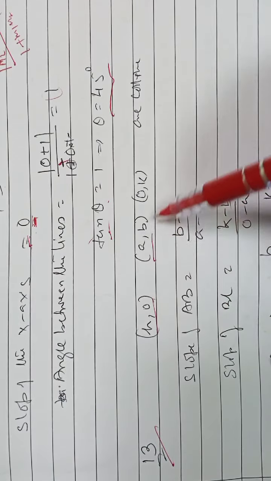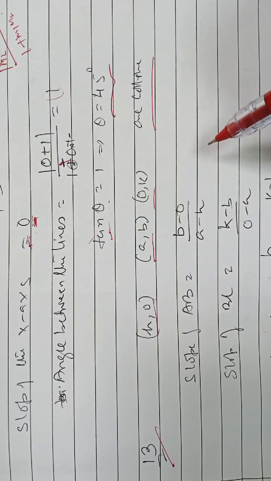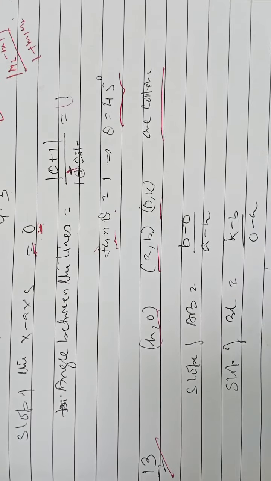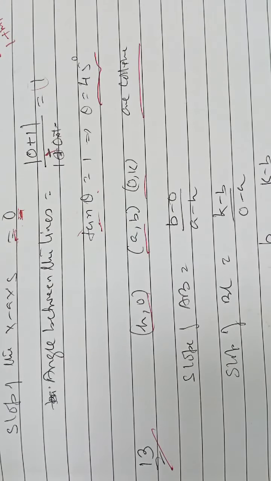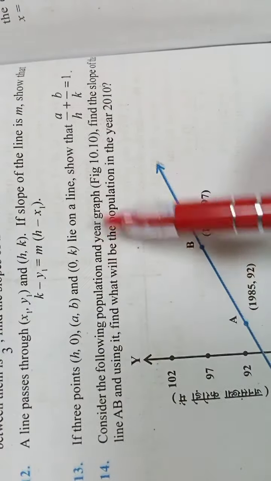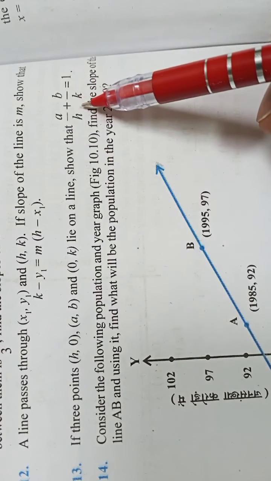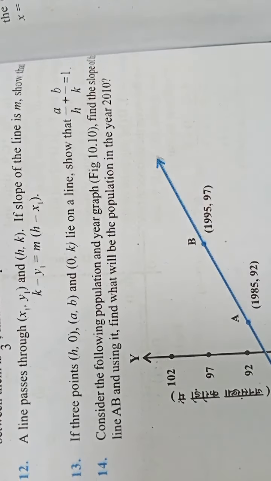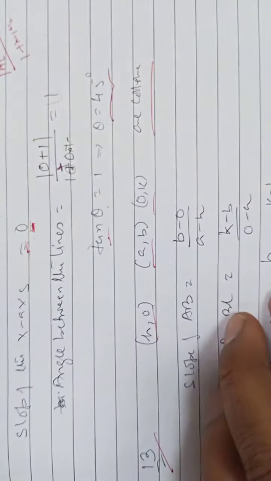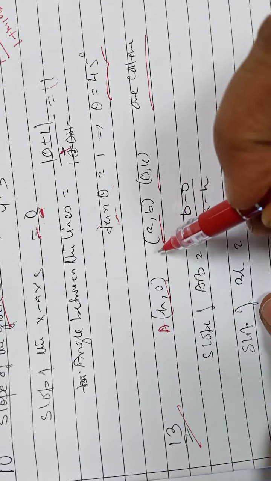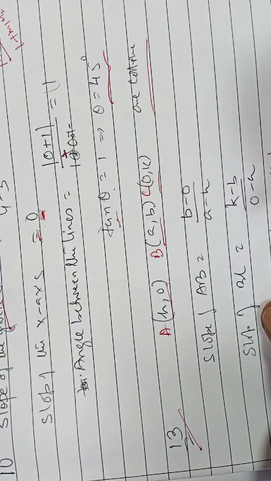Okay, next question number 13. Three points are given collinear, and we have to find a relation. Question number 13, you can see here, if three points are collinear, we have to prove this. So I have named them A, B, C, then it will be easier to write.